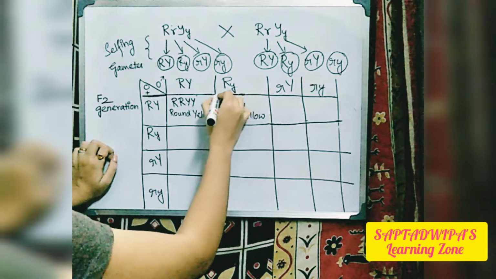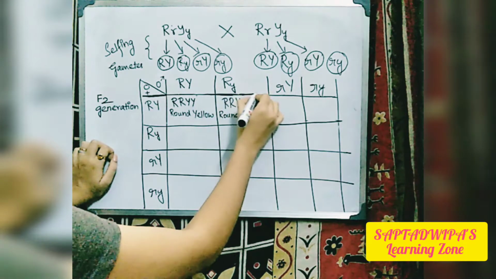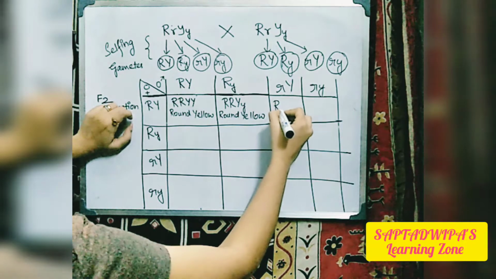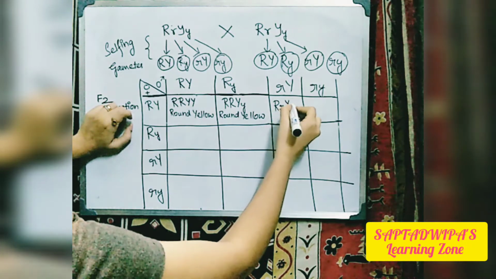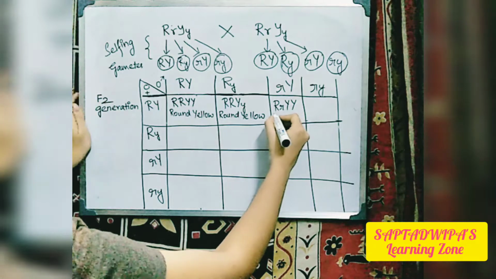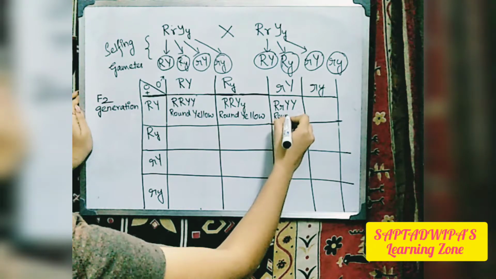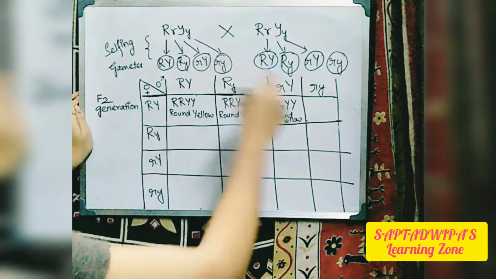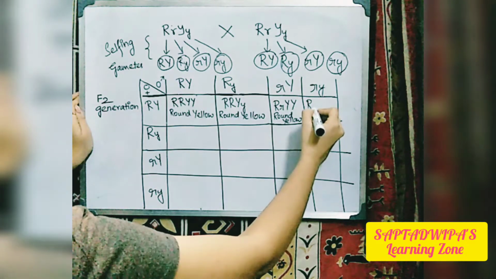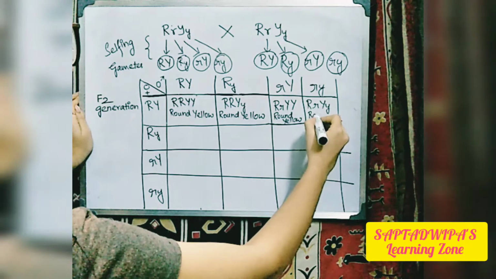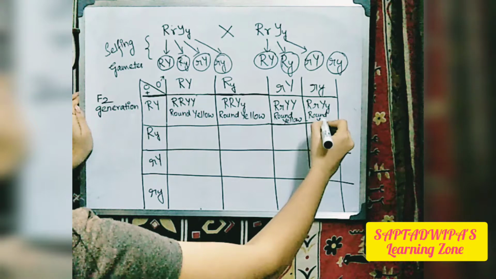Okay. Now, when we are crossing these two, so capital R, small r, capital Y, that means here also the nature of the seeds is round yellow, right? Round yellow. Then this one, capital R, capital Y, small y. So obviously it's round yellow again.